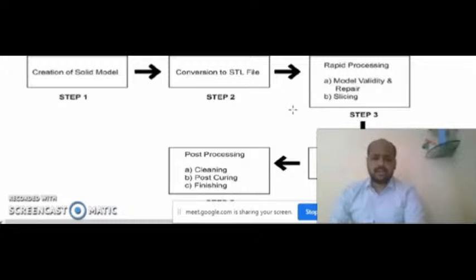All these things are very quick nowadays in CAD software, because advanced features are included in it. Because of this, you can go for rapid prototyping, and then for manufacturing of the component. So this is the concept of rapid prototyping.